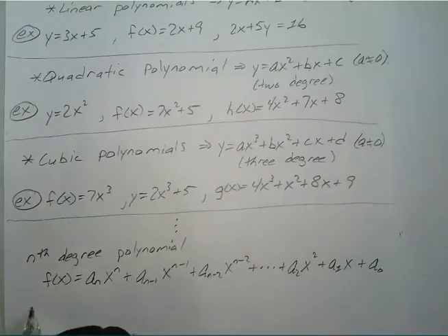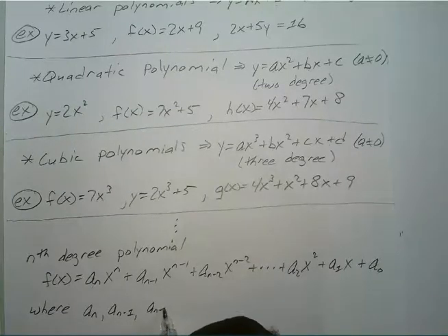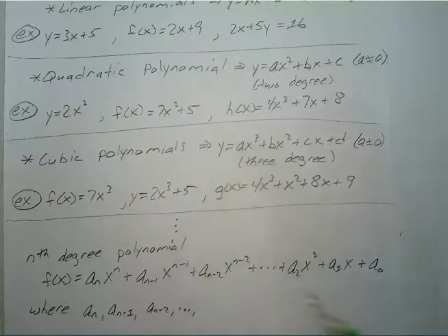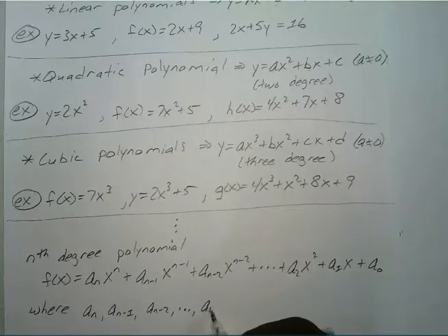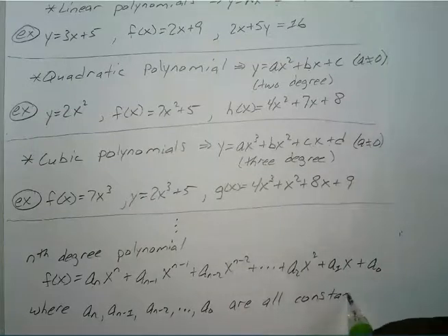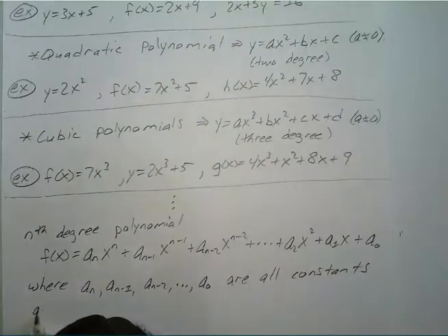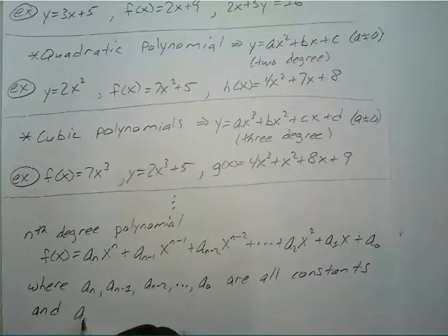In each of these cases, a sub n minus 1, a sub n minus 2, and so on, all the way to a sub 0 are all constants. And your a sub n does not equal 0.